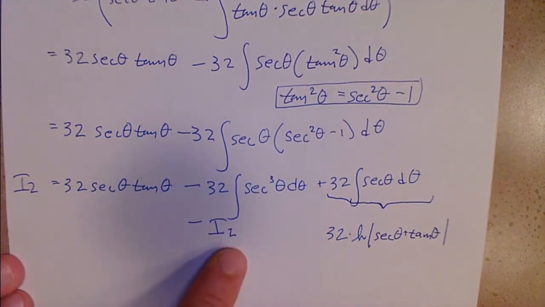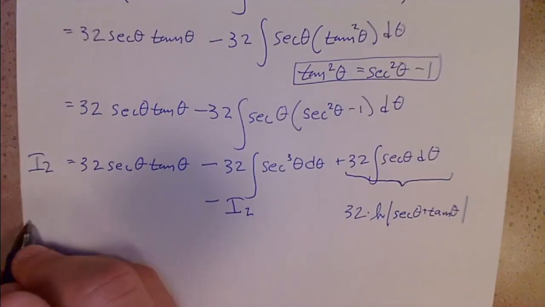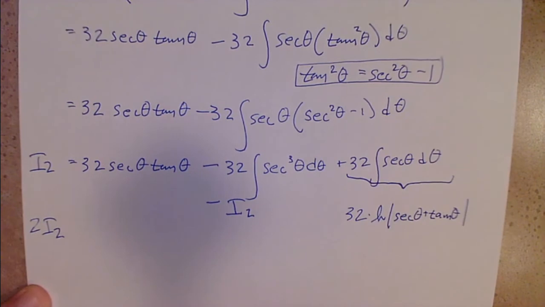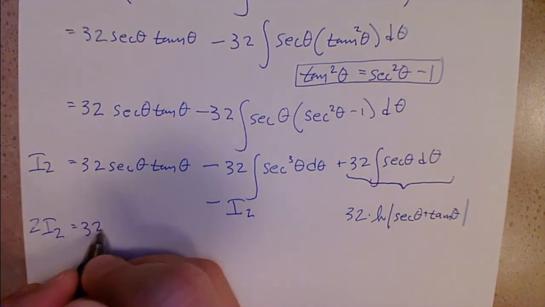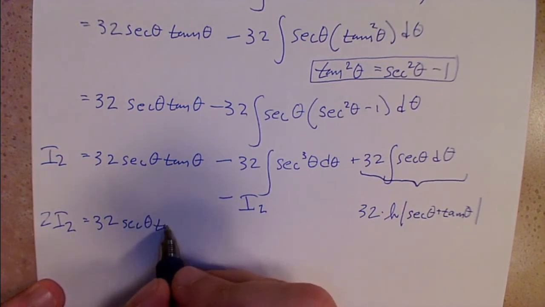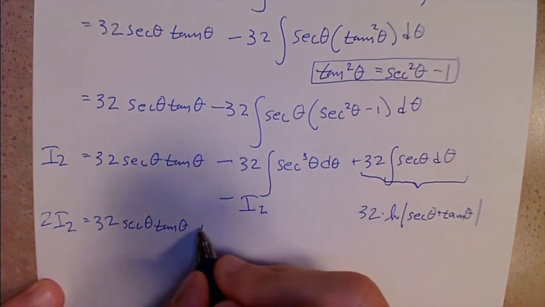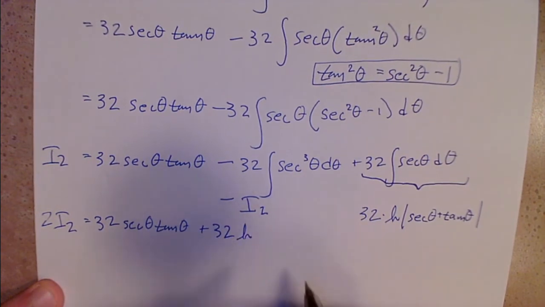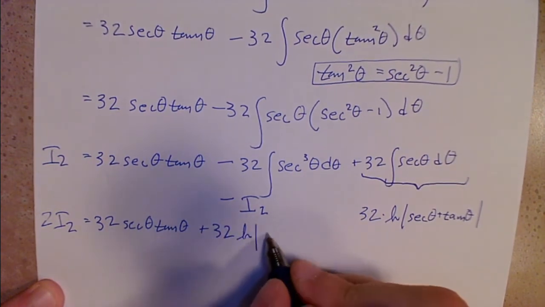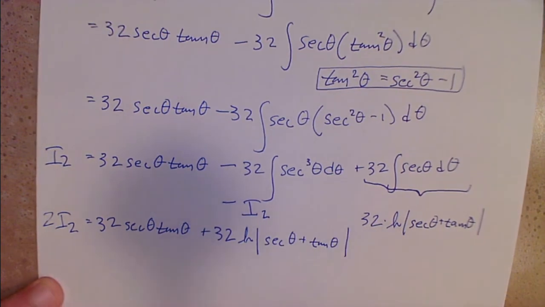So what I can do is add this I2 over, and all my integration goes away. I get 2 I2 equal to 32 secant theta tangent theta, and then plus 32 times natural log of secant theta plus tangent theta, like that.